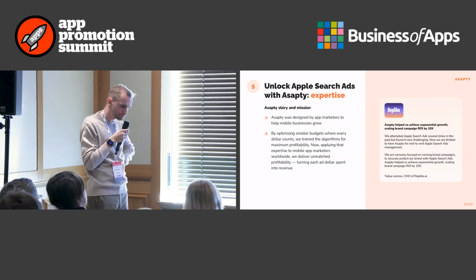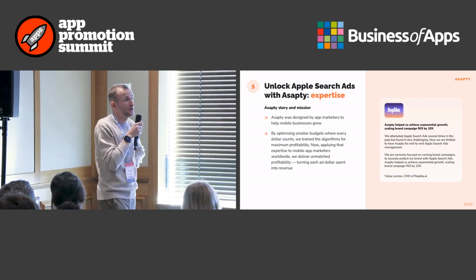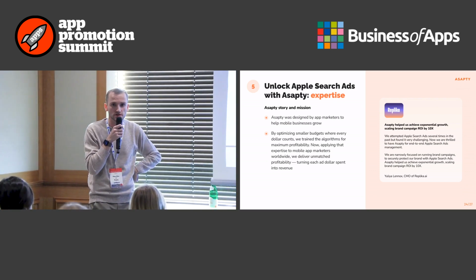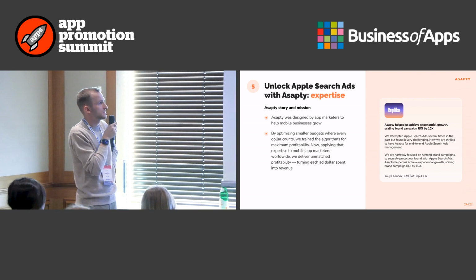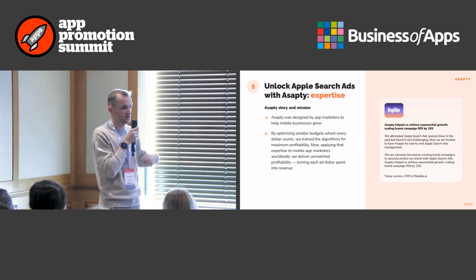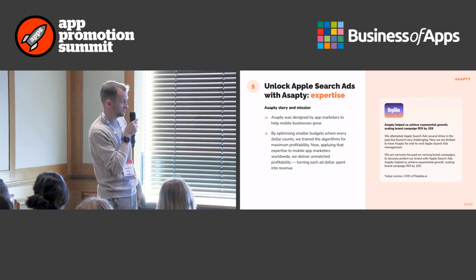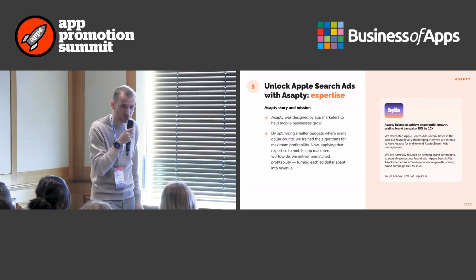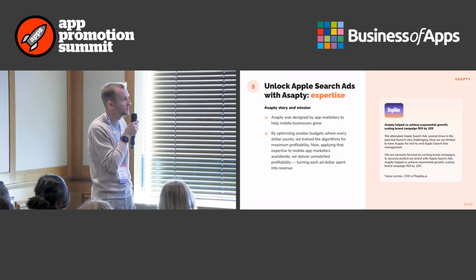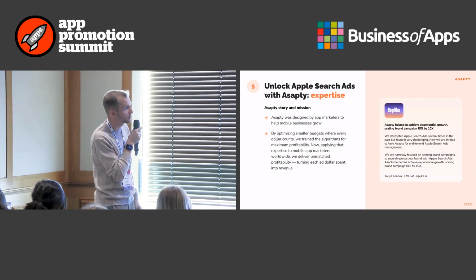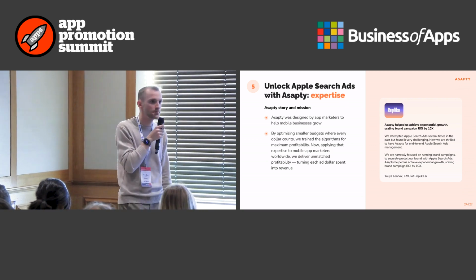It was a live podcast from Stevie from App Masters, I think you know him. The CMO of Replika said that we increased their ROI by 10 times. It's not true. She was very happy about it, but we just increased their ROI by 8 times. So not 10, but still good.